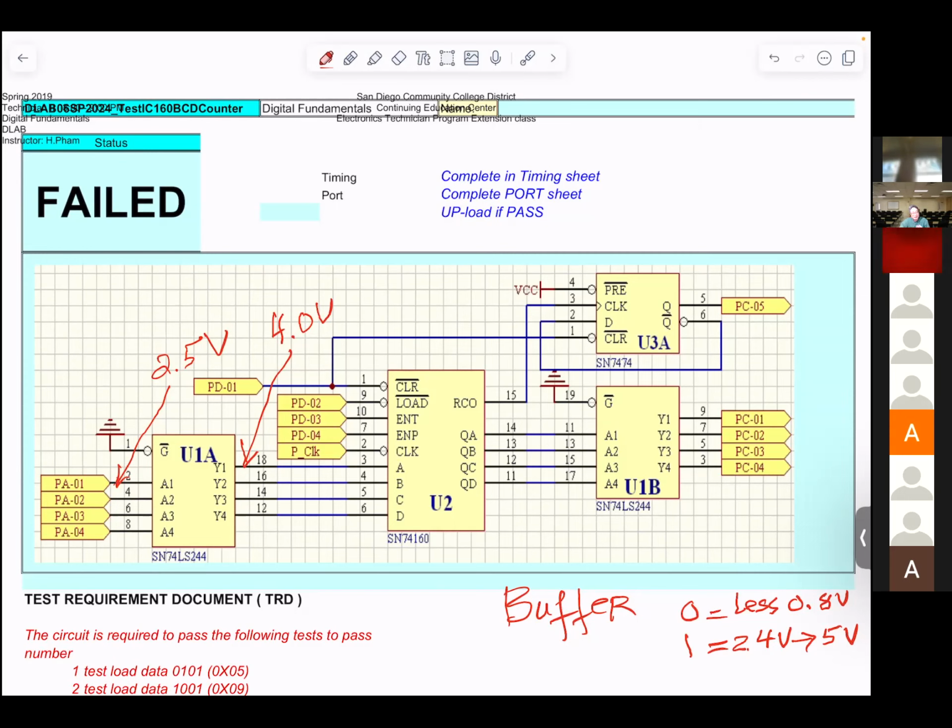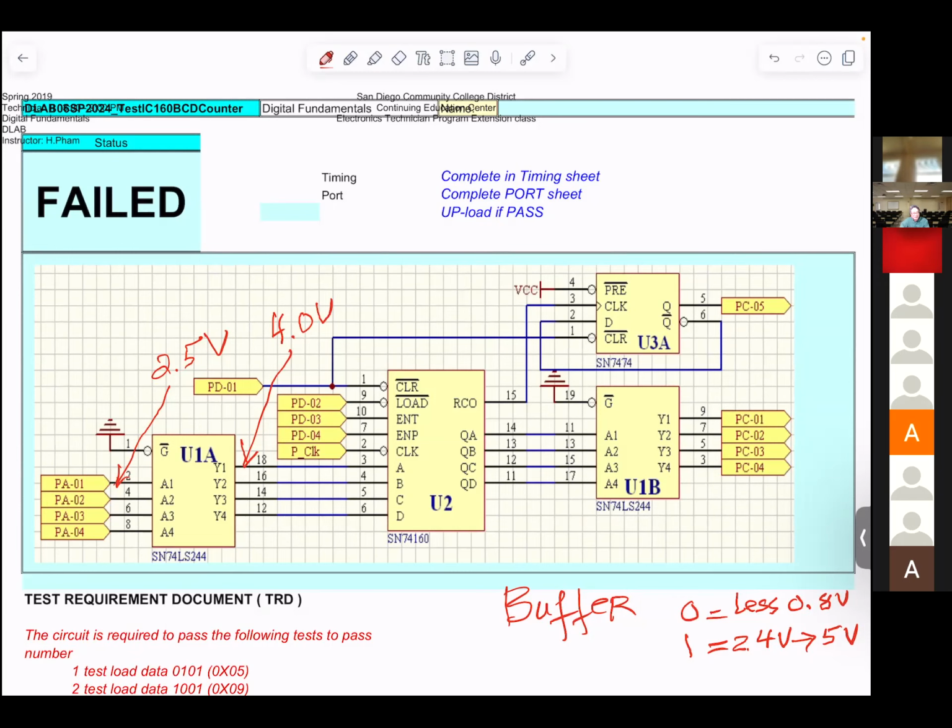We try to bring the logic to the standard logic level we want. Same thing for logic 0. You measure the input at logic 0, maybe 0.5 volt. That's okay. However, when it goes through the buffer, it brings that logic as close to 0 as possible.